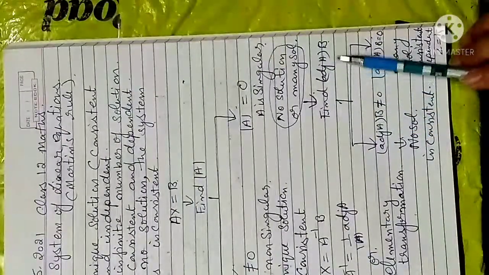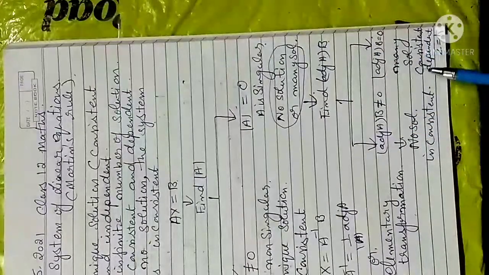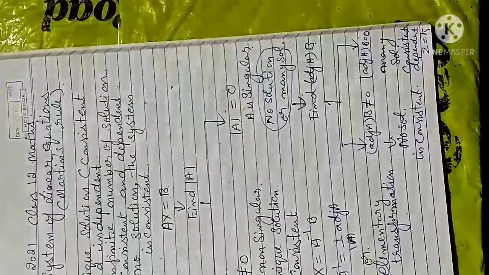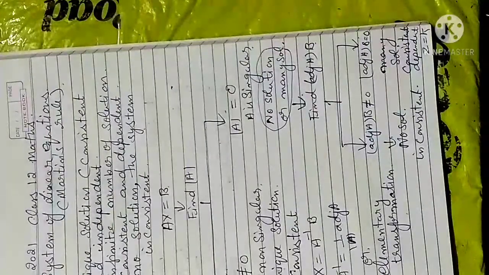Then if this value is equal to 0, you can say that this has many solutions, more than one solution. In that case, if it is a three variable system, you substitute the z value as k, a constant.